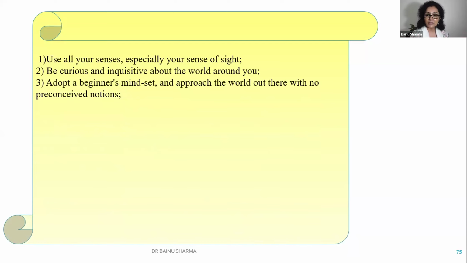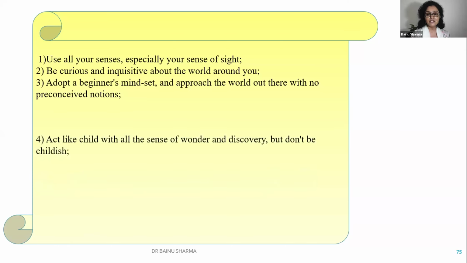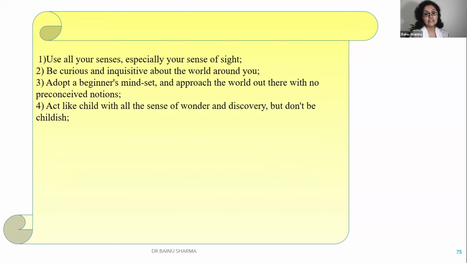As the master has also mentioned in the Organon of Medicine, we should be unprejudiced observers. We should act like a child with all the sense of wonder and discovery, but we should not be childish. But that curiosity, that inquisitiveness, that hunger to learn should be like a child.